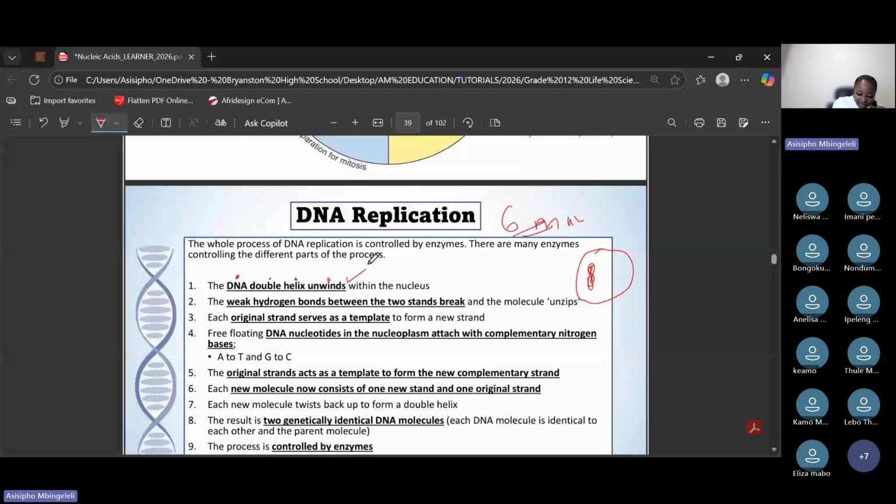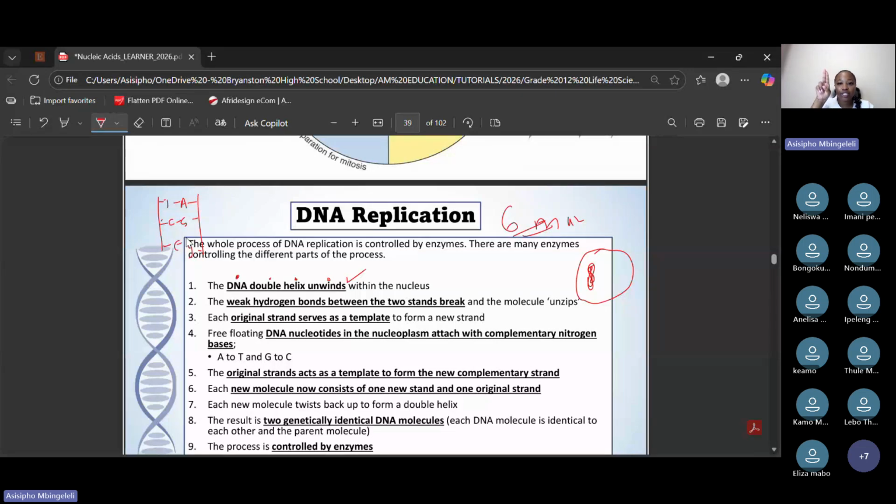Then in between these 2 strands, we're going to have bases. Let's say we had a T and an A that side, a C and a G, a C and a G. The pen is a little bit slow, but you should be able to see my letters there. So these bases are bonded together, hence my 2 fingers are attached together. The bases in between are bonded by weak hydrogen bonds.